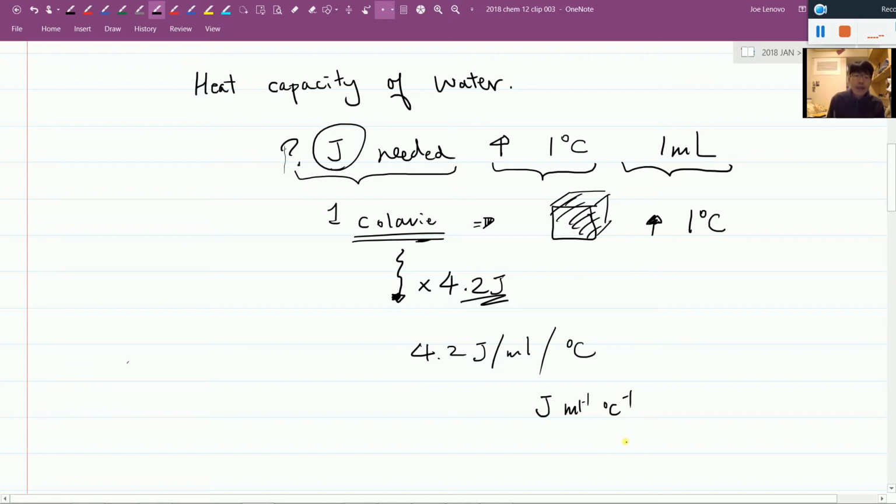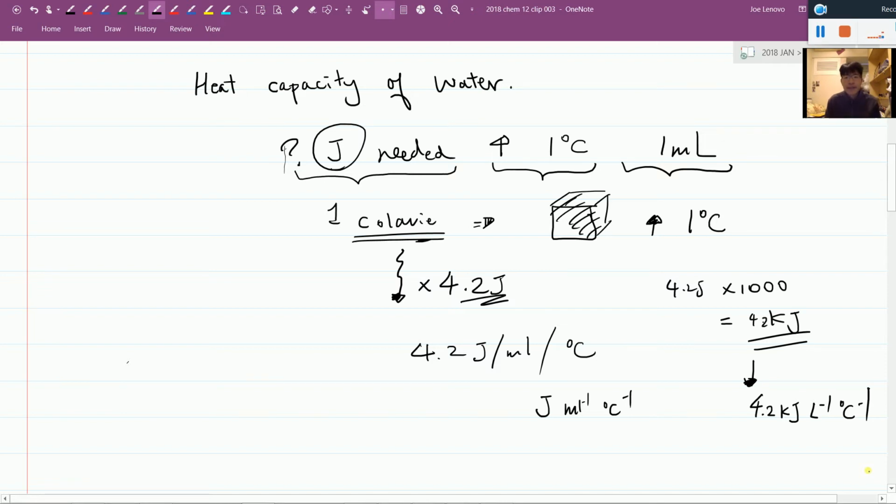Okay, so if you times the whole thing by 1,000, 4.2 J times 1,000 makes 4.2 kJ. Does it make sense? 4.2 kJ is needed to raise 1 liter of water by 1 degree.